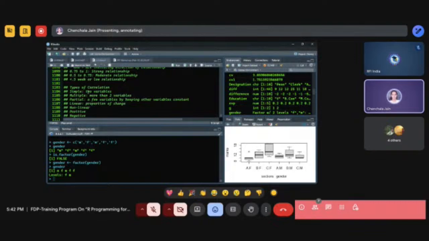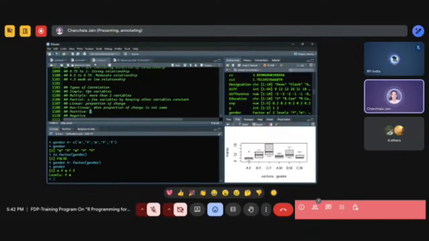Or if you are changing one variable by x units, the other variable is also changing by x units, we can call it a linear relationship. But when the proportion of change is not the same, it is known as a non-linear relationship.